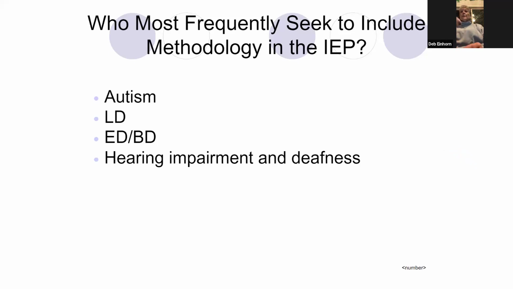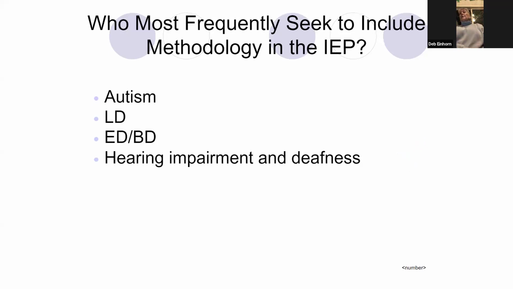It's a level system where they earn points and move up levels, and that system is used for every student in that school. What is individualized about that? I've never understood how putting all students with emotional disabilities in a school on a behavioral level system, where they have to follow rules, and if you break rules you lose points, and if you follow rules you earn points, is individualized. There's nothing individualized about that. I fail to see how that is appropriate for anyone, but that is just a personal bias that I have.